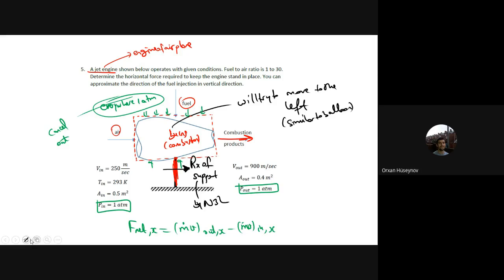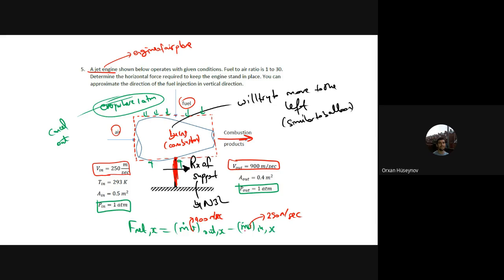So then, the velocity at inlet is given, 250 meters per second. Therefore, I can write 250 meters per second. The velocity at outlet is given, which is 900 meters per second. You can say that it is the momentum change. Due to the change of momentum, you will have the force acting on the system.